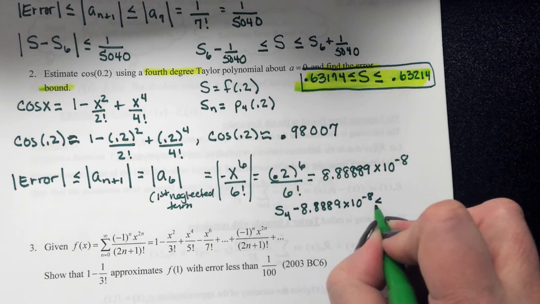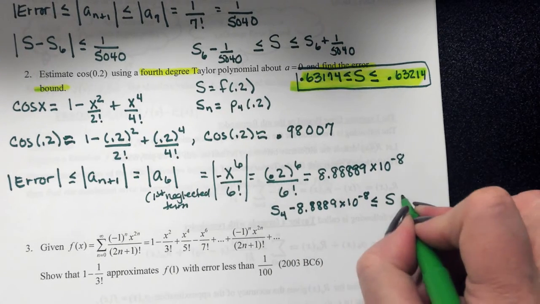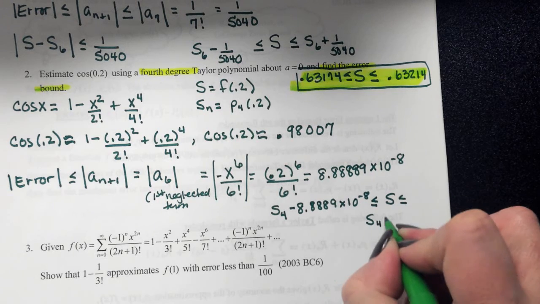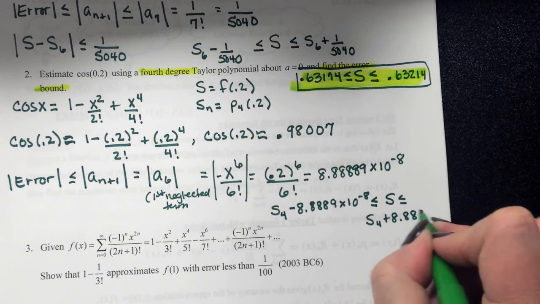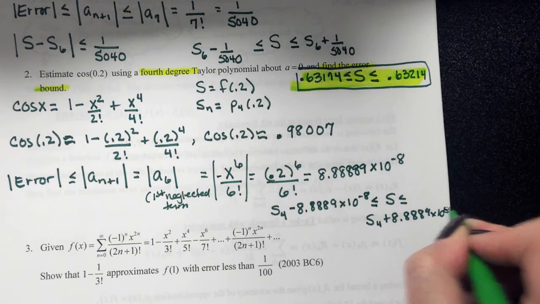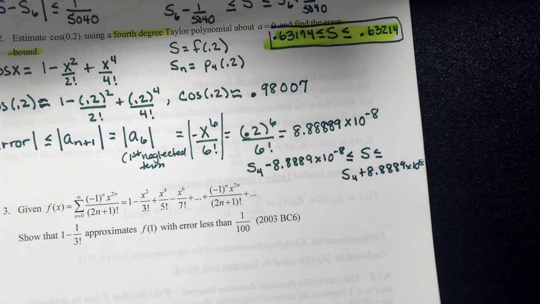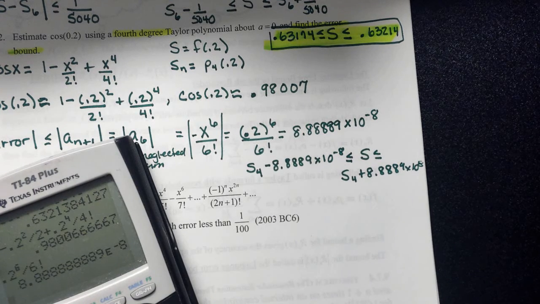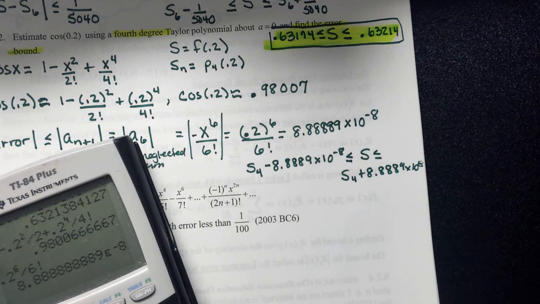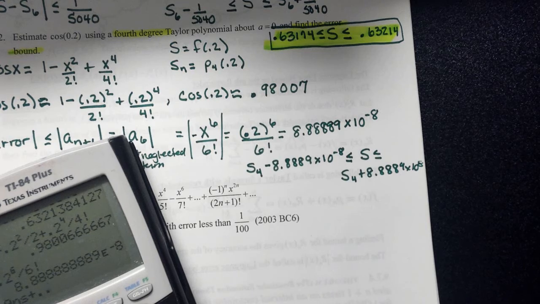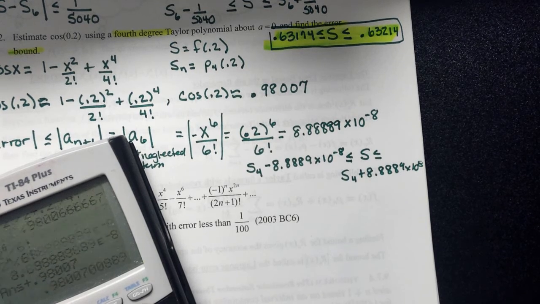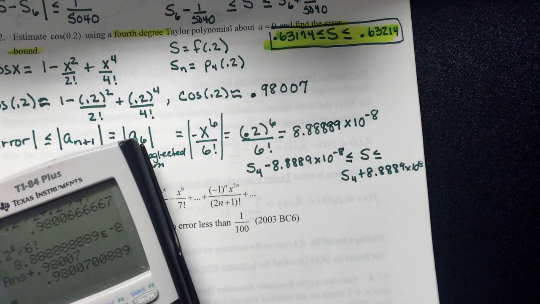That's going to be less than or equal to S, which is less than or equal to S sub 4 plus 8.88889 times 10 to the negative 8th. So first I'll add, since I already have it up. So that's going to be 0.98007.